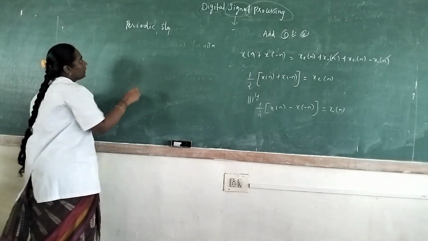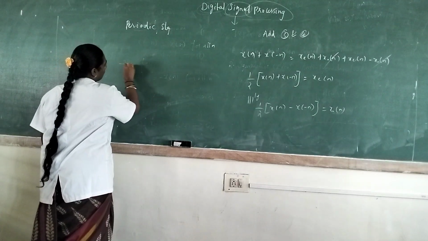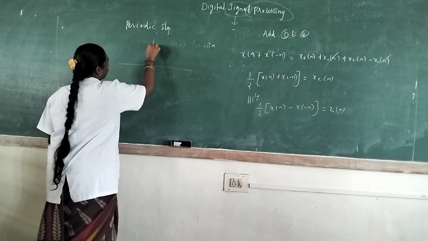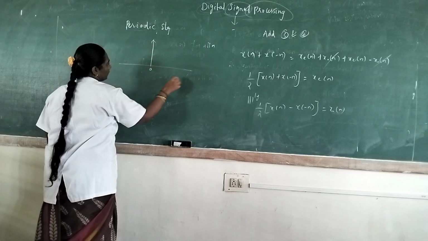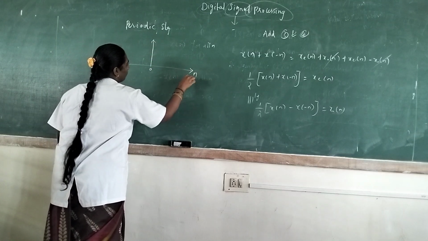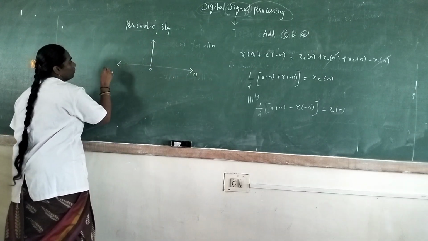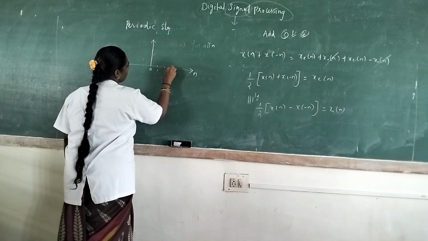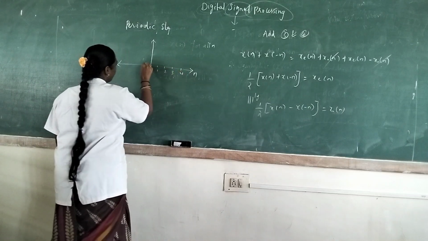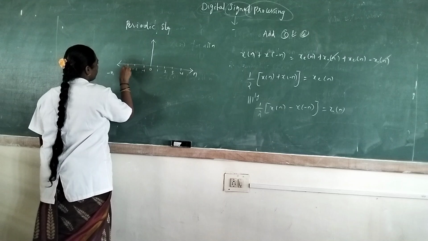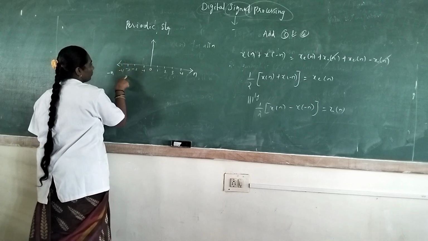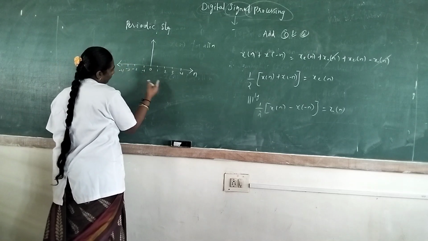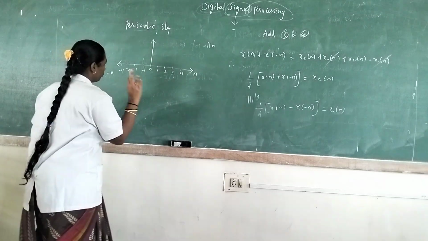So for the representation of a periodic signal, consider the origin, where the sample index is equal to 0. So it is 1, 2, 3, 4, minus 1, minus 2, minus 3, minus 4. So I am considering 2 samples.